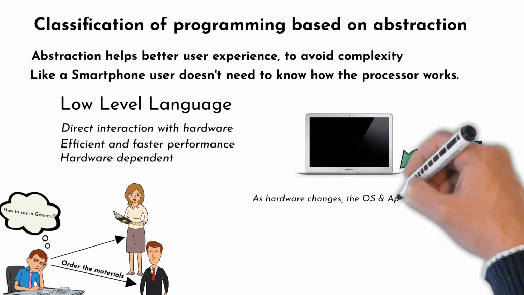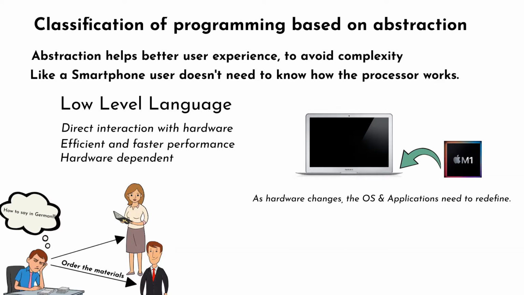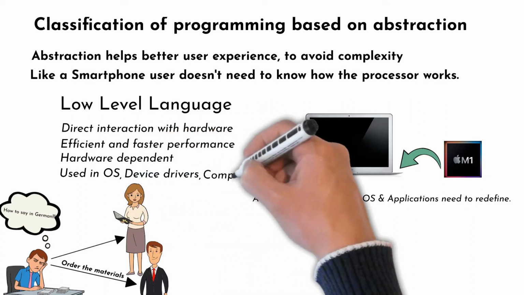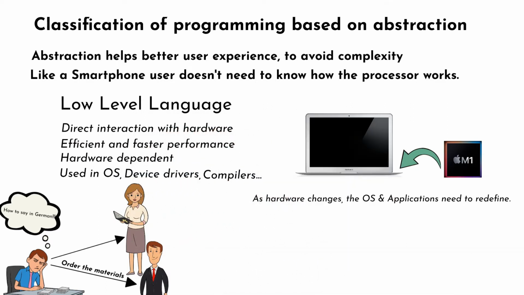This challenges them in redefining their operating system and applications to support the new hardware. So, low-level language is highly used where direct hardware access is needed, such as operating systems, device drivers, compilers, etc.